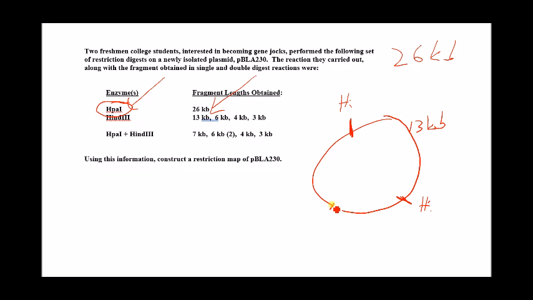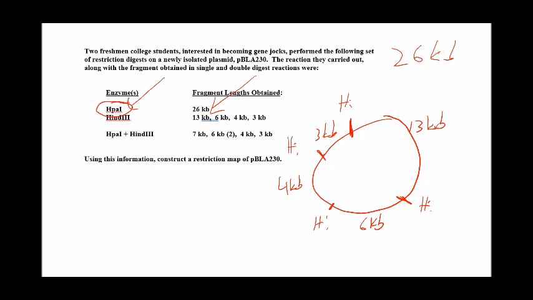So let's put that about right here. We get another one that's 4. And then the final piece is going to be 3 kilobase pairs. So that might be the restriction map simply for HIND3, treating the plasmid with HIND3.